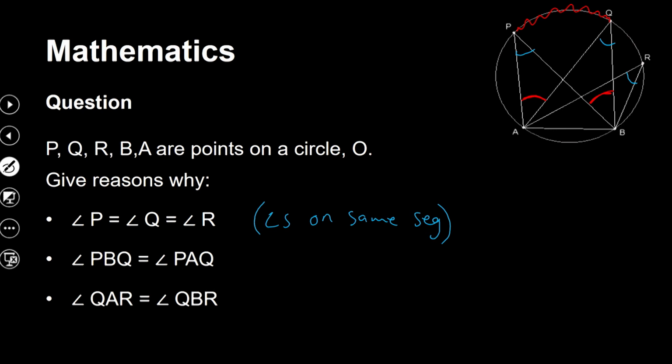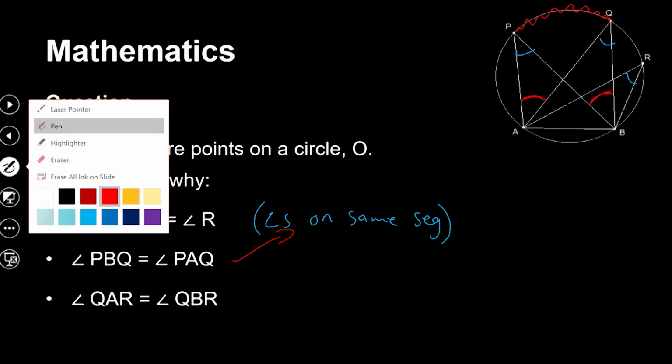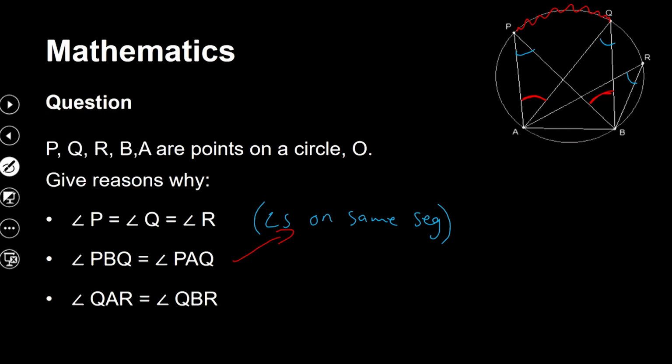So it will still be the very same reason as what I have up there. And then the last one is QAR and QBR. Let me maybe use this color here. QAR, which will be this angle here, and they say this is equals to QBR. QBR will be that one there. You can see also they are subtended by this chord there.